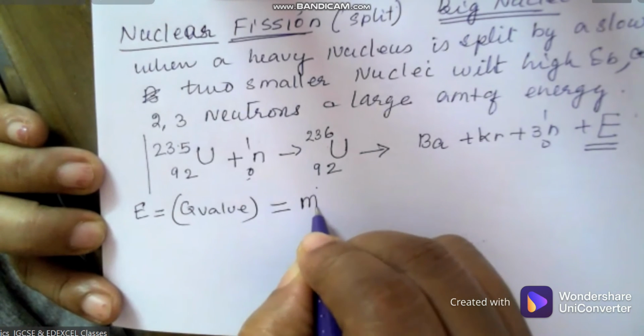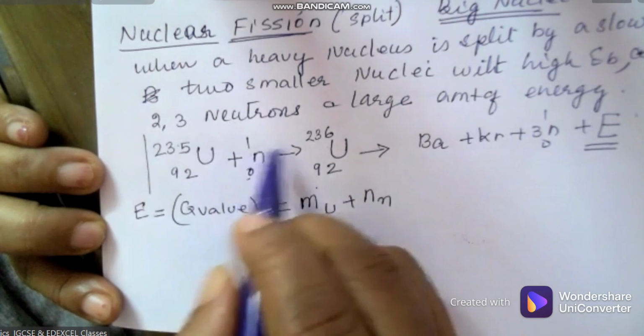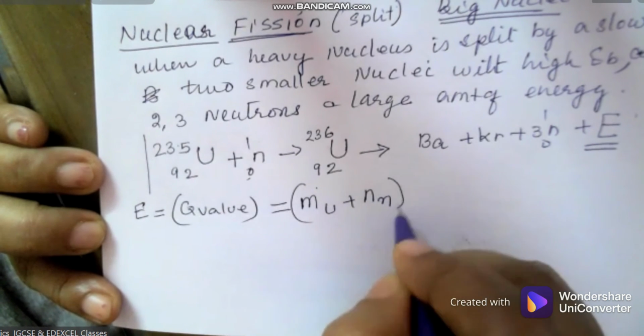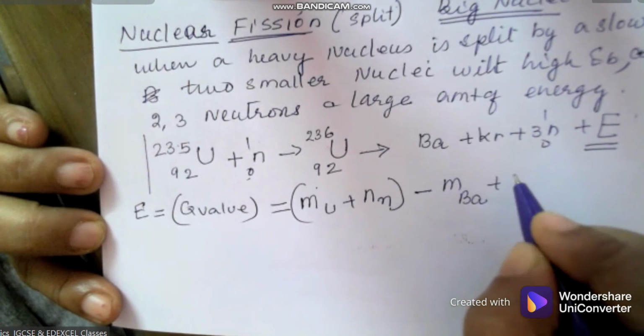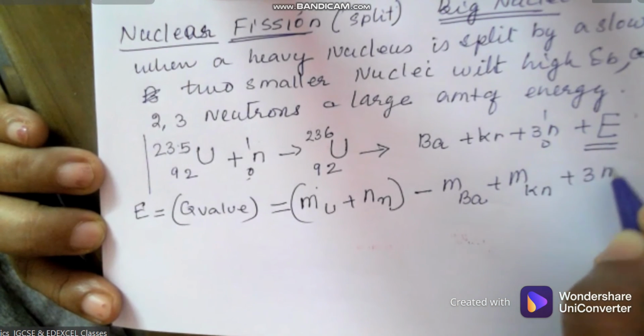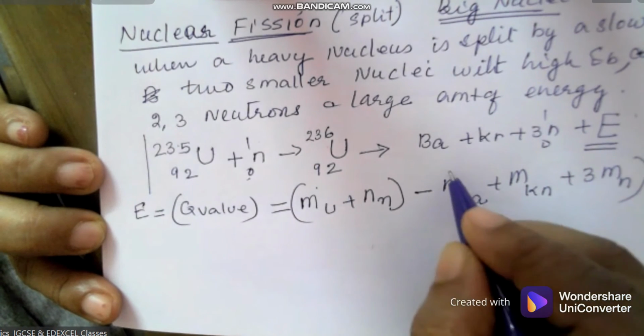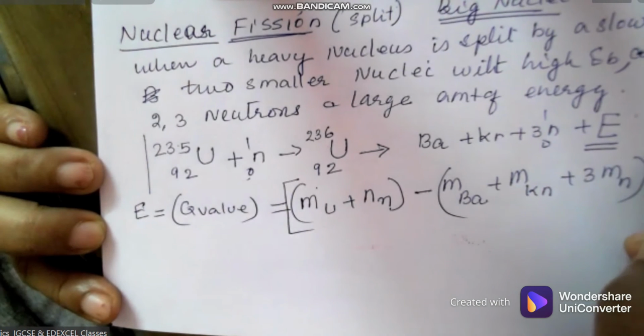That means mass of uranium plus mass of neutron. This is the reactant, right? Minus mass of barium plus mass of krypton plus 3 into mass of neutron. Now this is the difference in the mass.